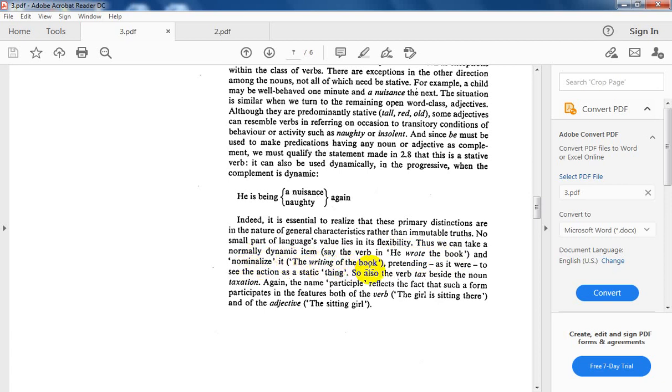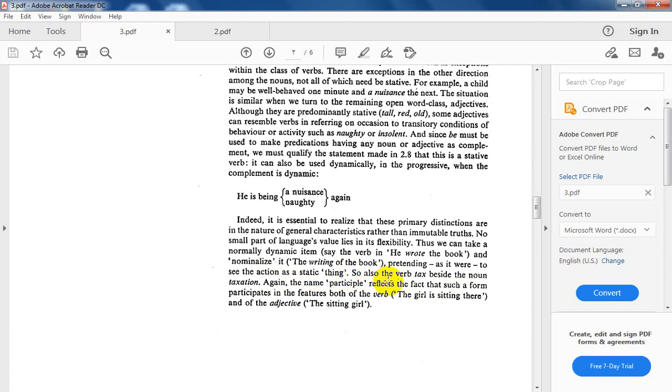So you see, we changed it from the verb to what? To the noun by putting ing. Of course, this ing is not an ing of progression, not the progressive aspect. This is the ing of nominalization, pretending, as it were, to see the action as a static thing.